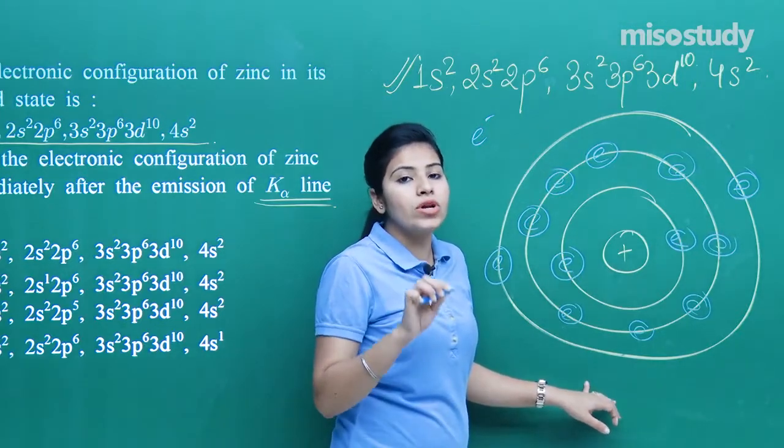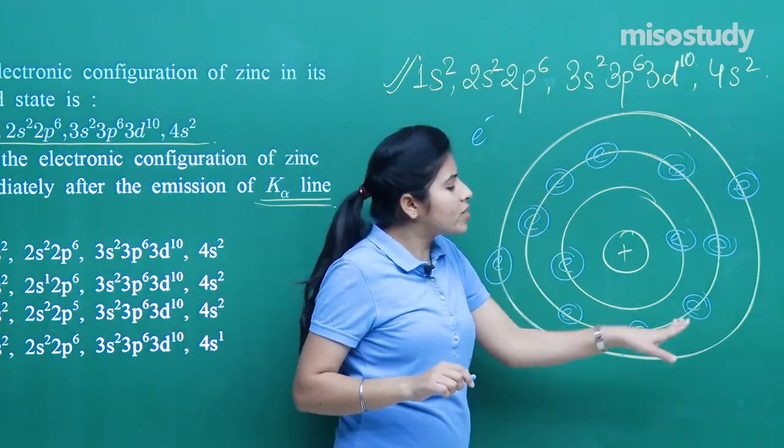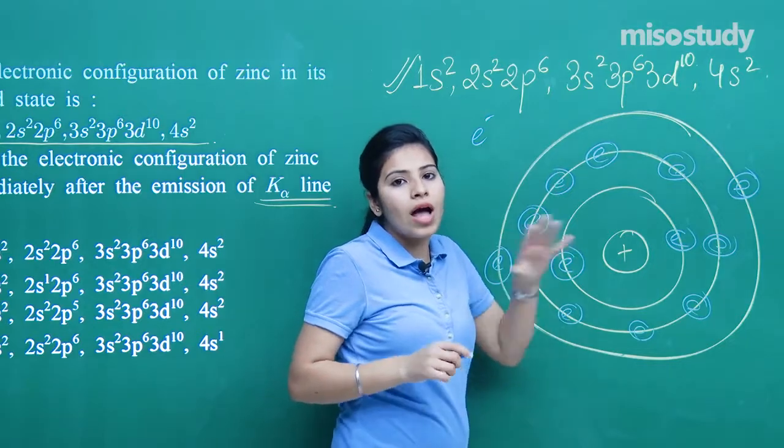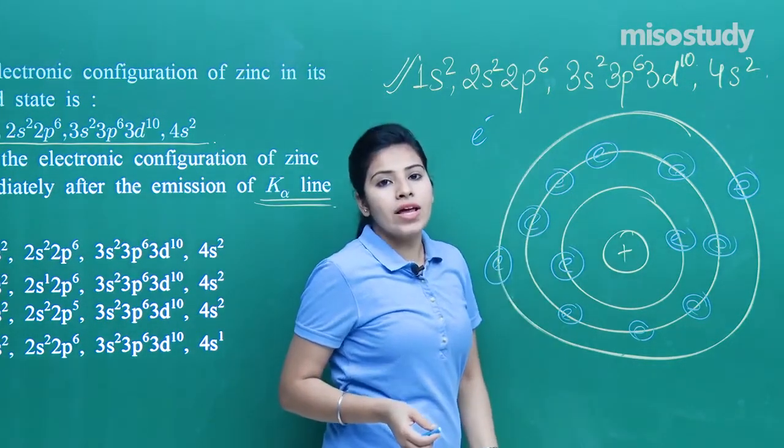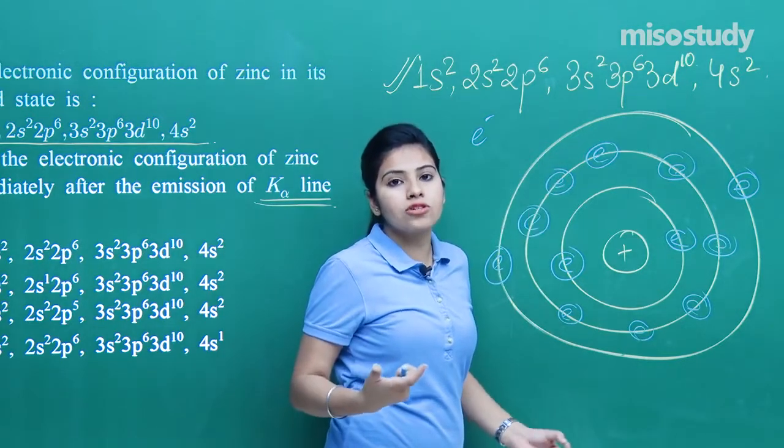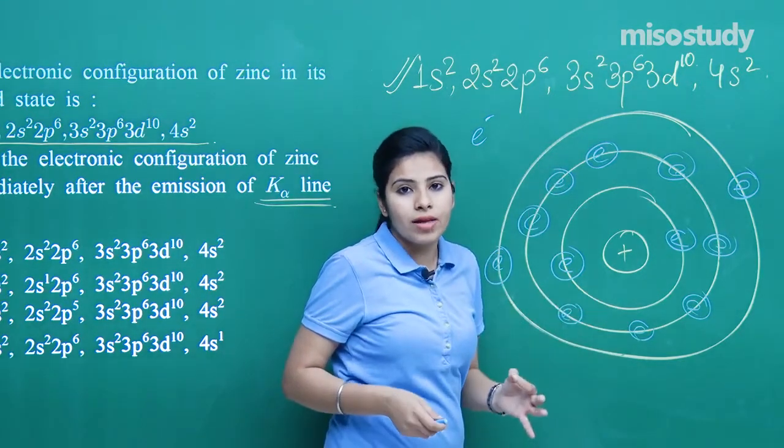Now when the electron hits the target, it directly penetrates through the atom, and it will knock out the electron from the innermost shell, that means the K shell.